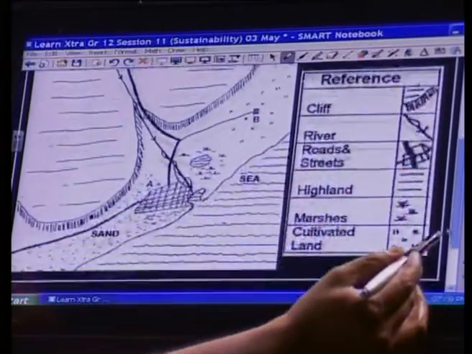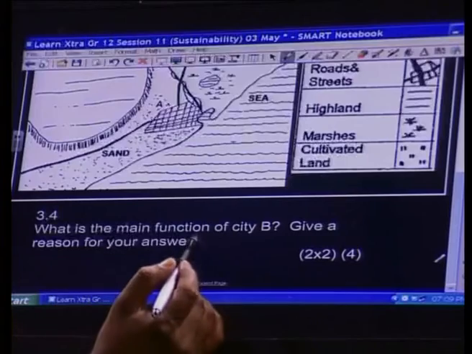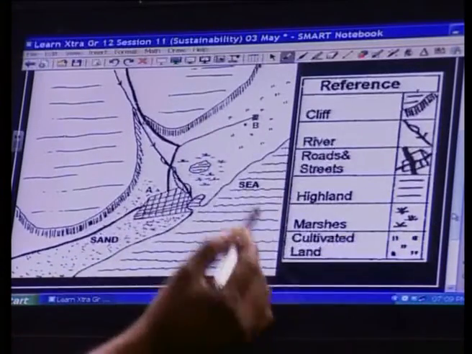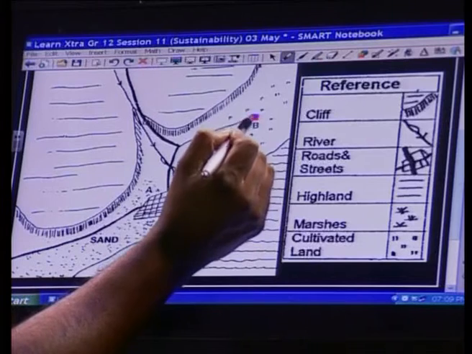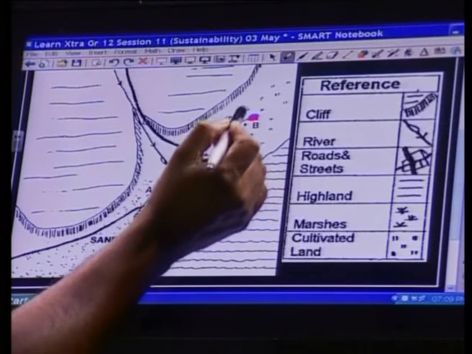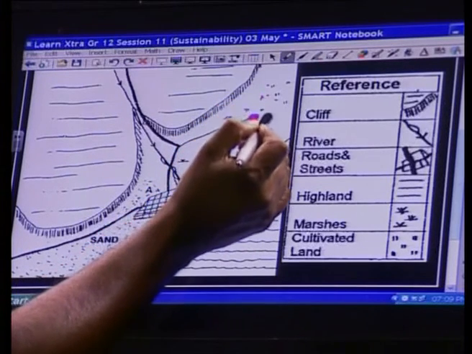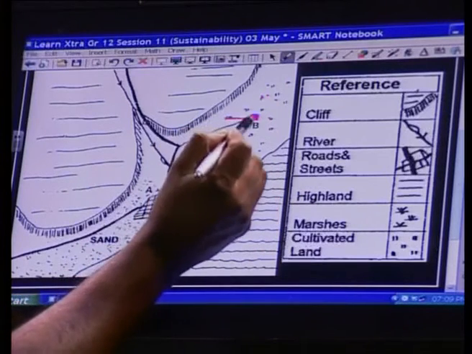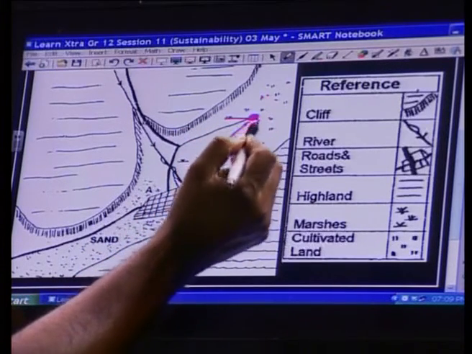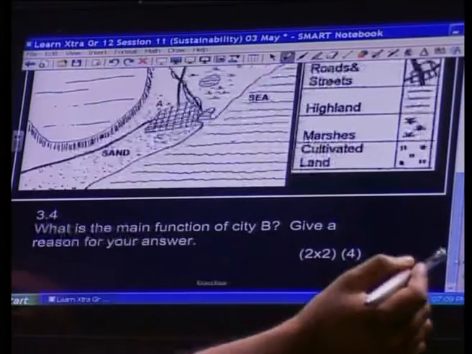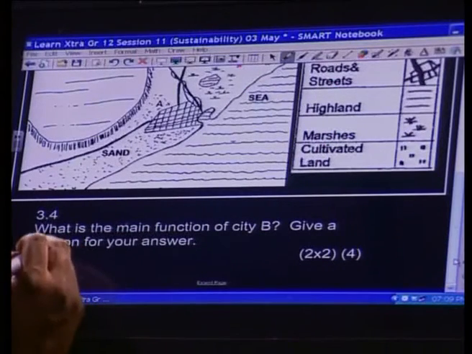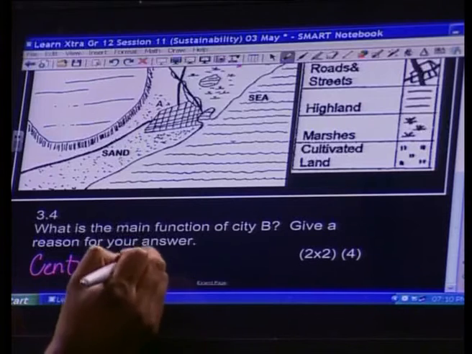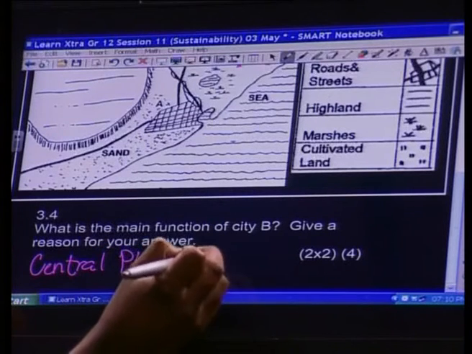Let's look at the next question. What is the main function of City B? Give a reason for your answer. Note City B is located in a central area and it is surrounded by cultivated areas. These cultivated areas would then serve to provide that B becomes a central place. So therefore, what is the main function of City B? It is a central place city.